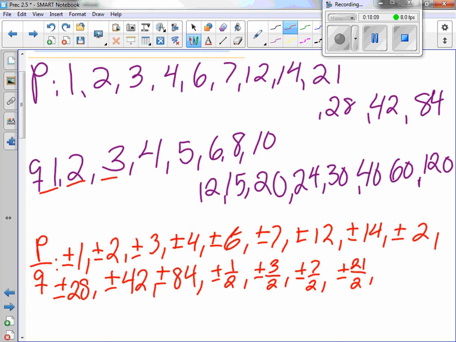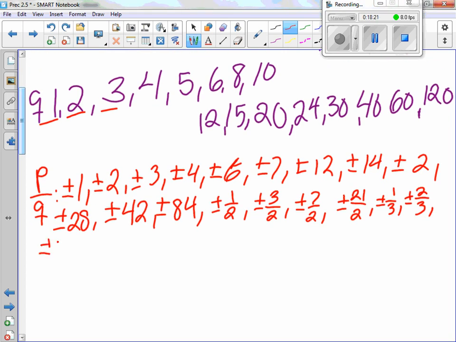3. 1/3. 2/3. 3/3 we don't need. But we do need 4/3. 6/3, we have it because that's 2, but we do need 7/3. 12 divided by 3 is 4. 14 doesn't divide by 3. 21 does divide by 3. 7. 28 divides by, no it doesn't.